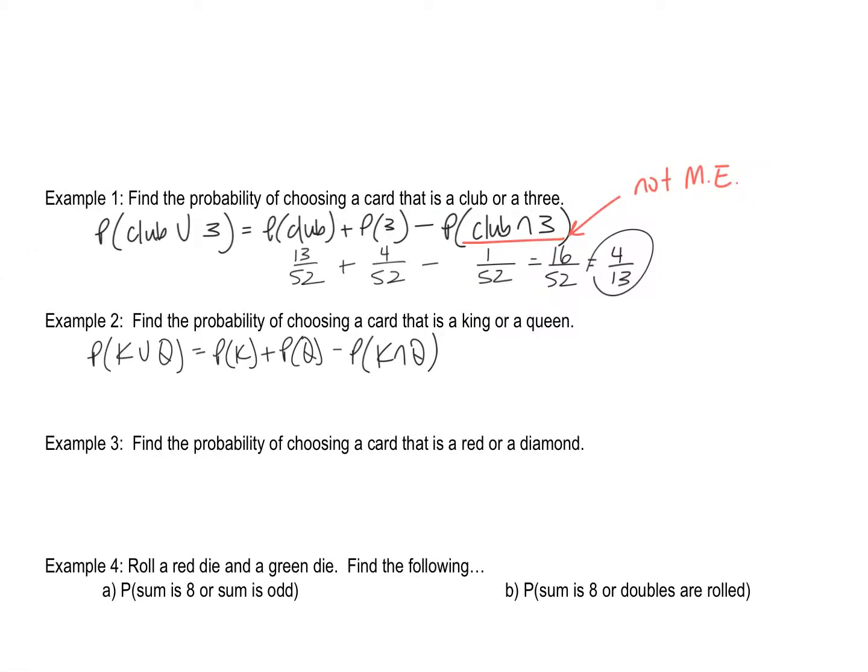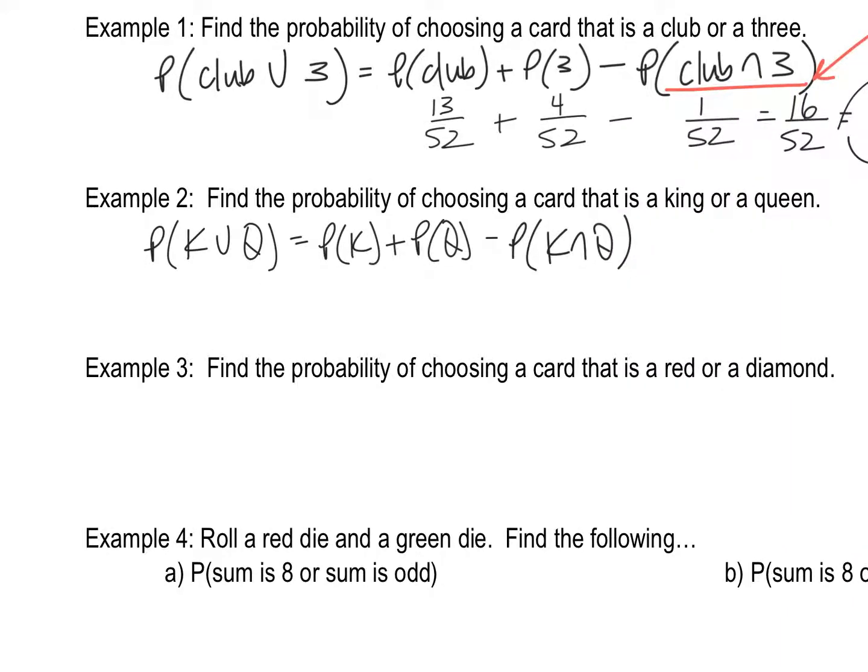There is a card that is a club and a 3. There's one card, it's a 3 of clubs. In this case, are there any cards that are both kings and queens? There are no cards that fall into the both categories. So if I'm going to draw the two circles for a Venn diagram, I'm going to have one for kings, one for queens, and there's going to be no overlap because there are no cards in the deck that are both kings and queens.